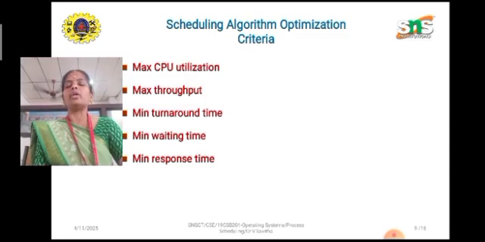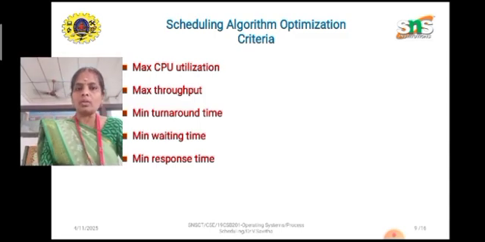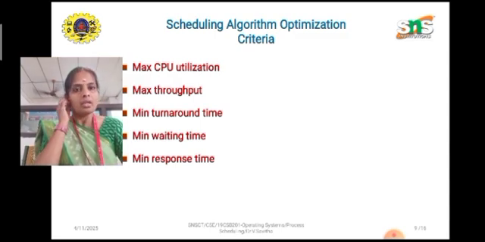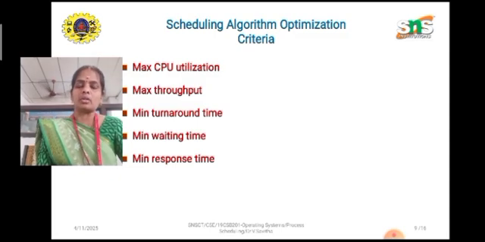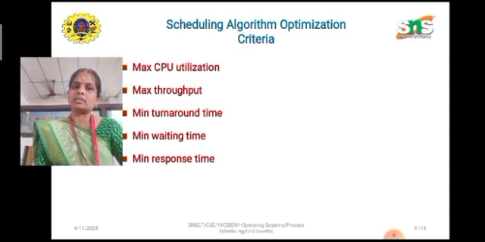But when you consider the time factors, the turnaround time, waiting time, and response time should be minimum. These are the factors which give you the optimization criteria for scheduling, and through these criteria I can decide which algorithm works best in the list of algorithms. Thank you.